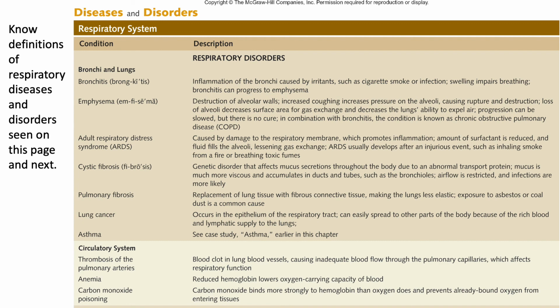Emphysema is one that also causes people to have to work to exhale as well as inhale. So your elastic recoil is gone. It definitely also highlights the importance of that elastic recoil in exhalation as well. So again, just know these for the practical as well.